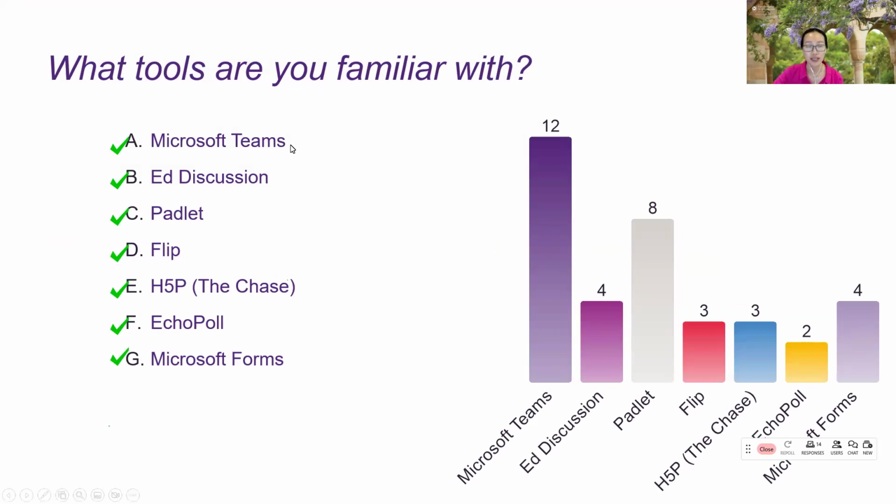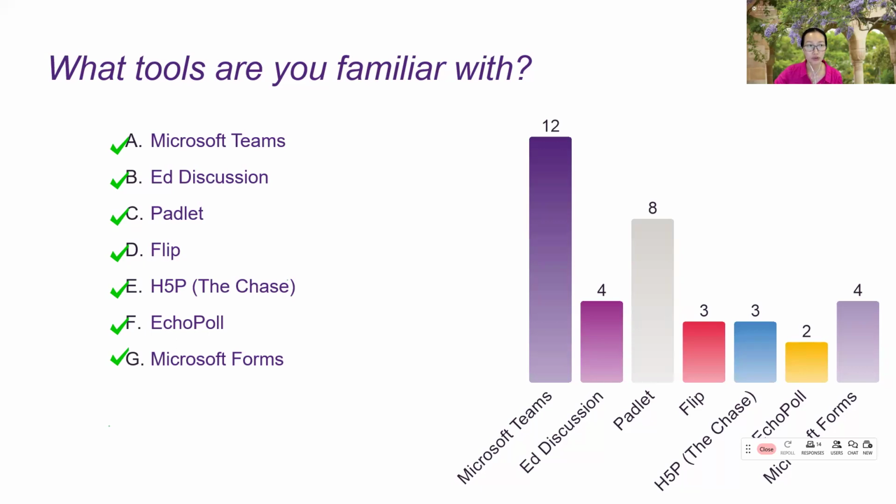For example, Microsoft Teams, you need to register well ahead before the semester starts so that ITS can create the teams for your course. So the request goes through us, and then we send the request to Microsoft Teams. But when Helen presents about add discussion, it is a tool integrated in Blackboard. So if you want to use it, you only need to enable add discussion. But Padlet, Flip, the Chase are tools that are available.